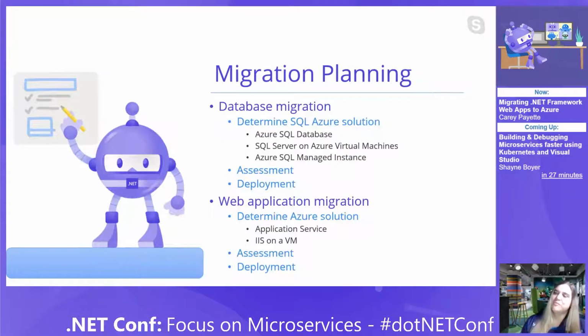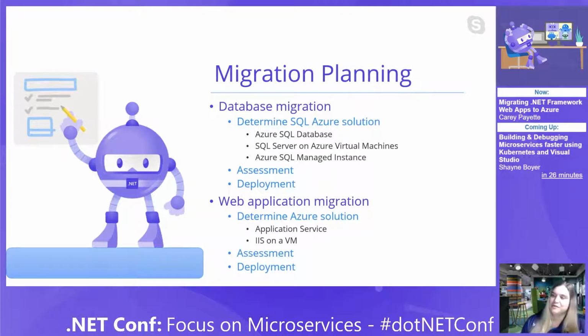Choosing a database deployment option really depends on the current state and versioning of your database, as well as how much control you need to have over your SQL Server database engine or the underlying OS. Azure SQL Database is a platform as a service option. This option is an always up-to-date version of SQL Server Enterprise Edition, and it's fully managed by Microsoft.